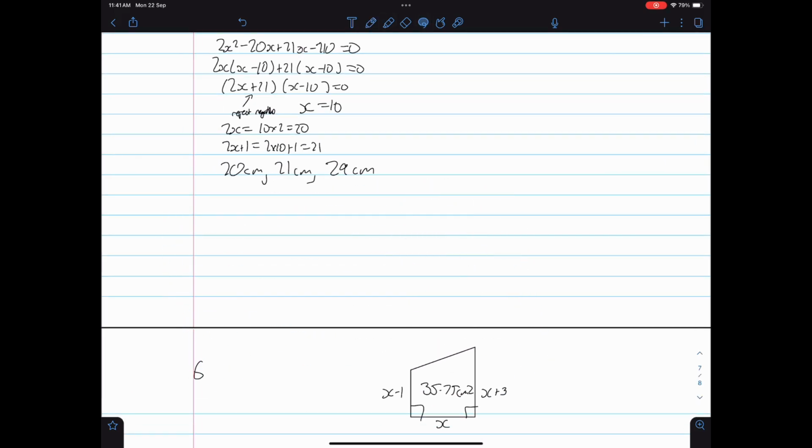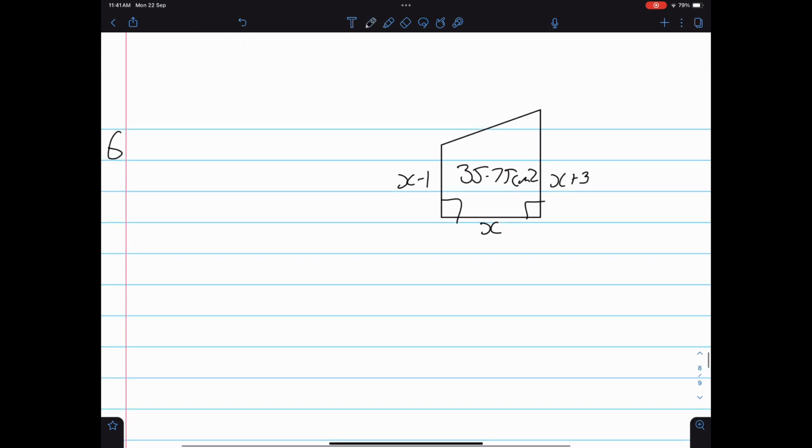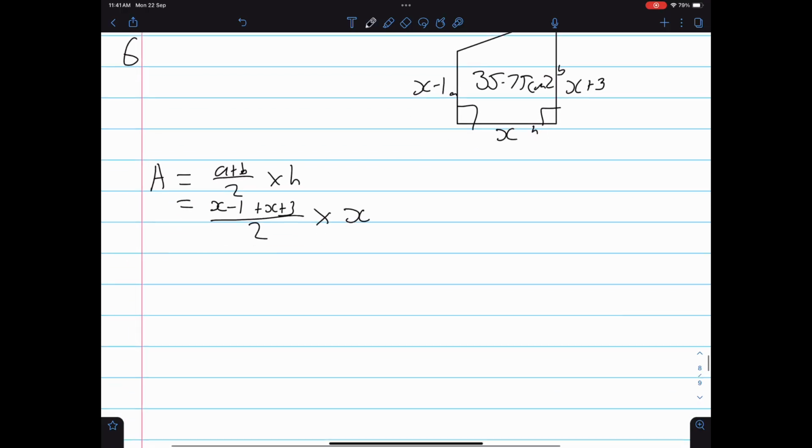I might take this down to another page, actually. So we know that the area will be equal to, we call this A, we call this B, and call this H, A plus B over 2 times H, because you average out those side lengths and multiply it by the height. So if we substitute our things in, we get sort of this stuff.